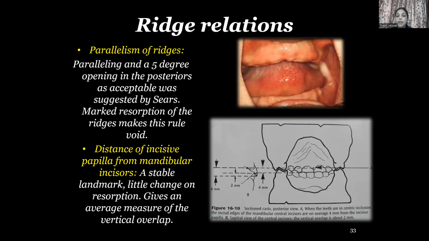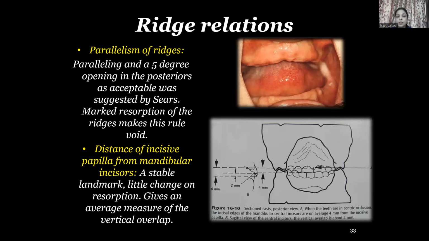So we are using it as a landmark to determine the vertical dimension. At the vertical dimension of occlusion, the distance between the incisive papilla and the incisal edge of the maxillary incisors is 6 mm. The vertical overlap between the upper and lower incisors is around 2 mm.